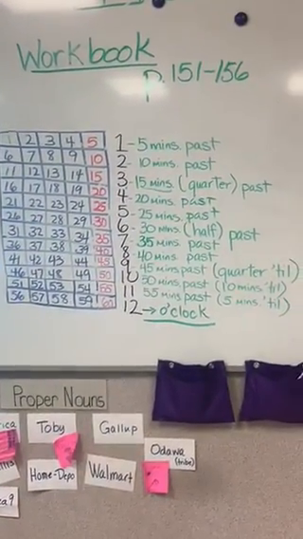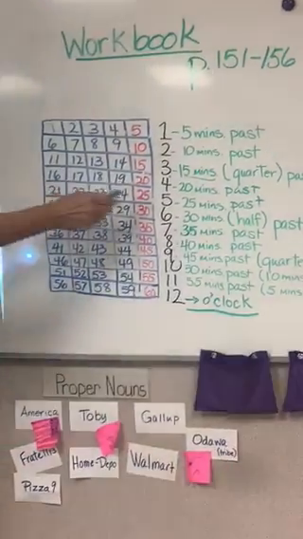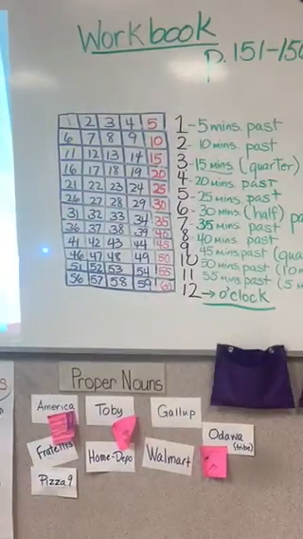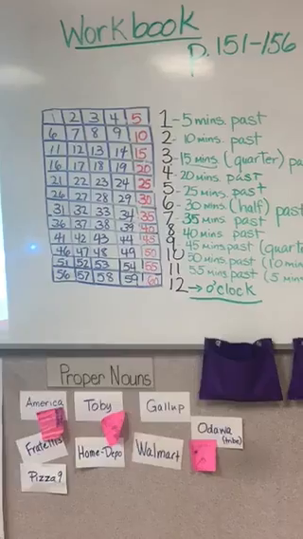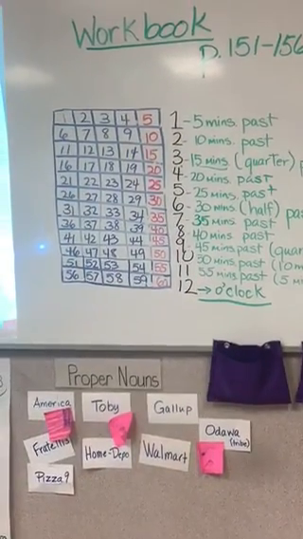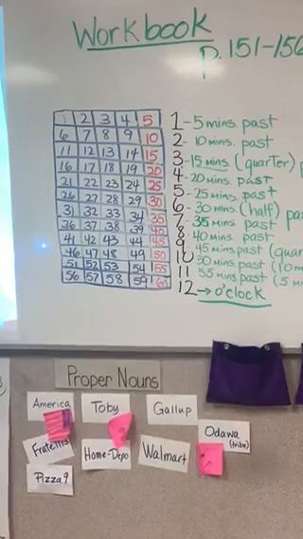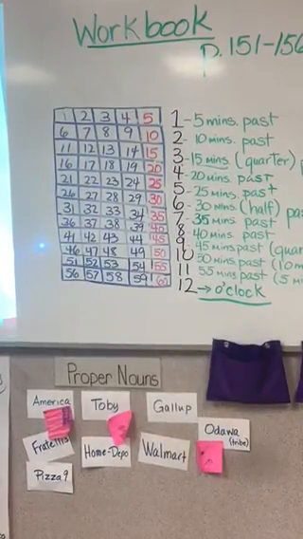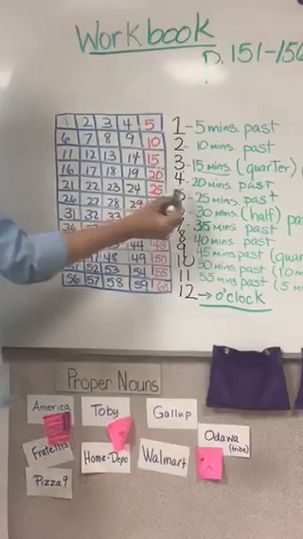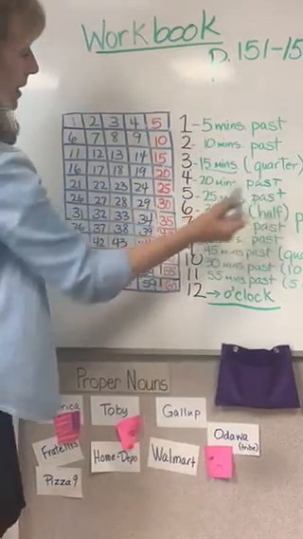Right here, okay? Now let's look at number 4, or the number 4 on our clock. If we're at 15 here, 16, 17, 18, 19, it's 20. 20, there it is. 4, 20 minutes past the hour.